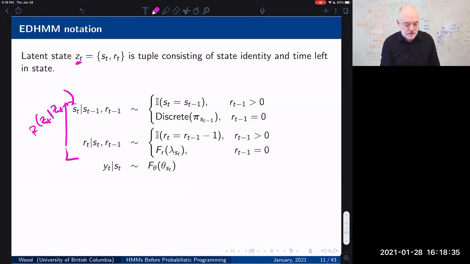So the state stays the same if the remaining duration is greater than 0. Otherwise, you sample from the state transition distribution. When the remaining time is 0, the remaining time distribution is Dirac distributed. That really should be a Dirac distribution there instead of an identity function, but it doesn't really matter.